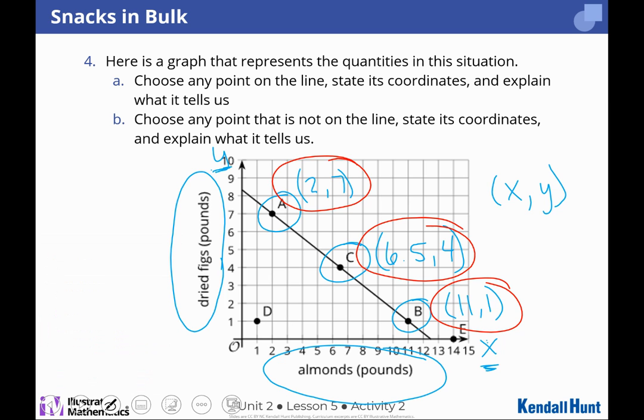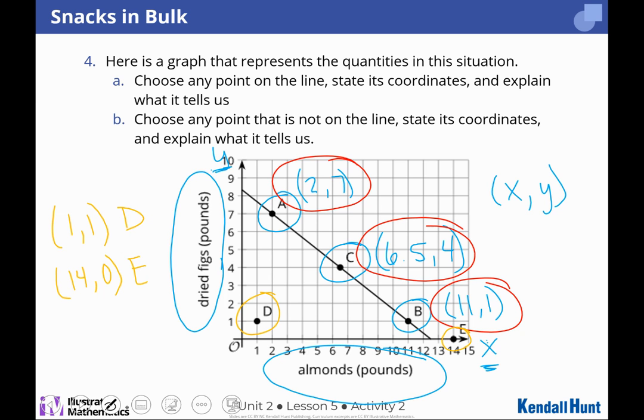However, point D is not on the line, and point E is also not on the line. So the coordinates for D are 1, 1, which means 1 pound of almonds and 1 pound of figs. And for E, it's 14, 0, which means 14 pounds of almonds and 0 pounds of figs.